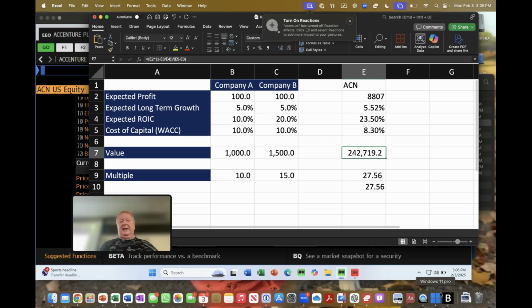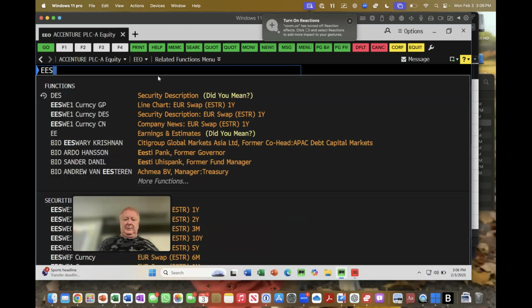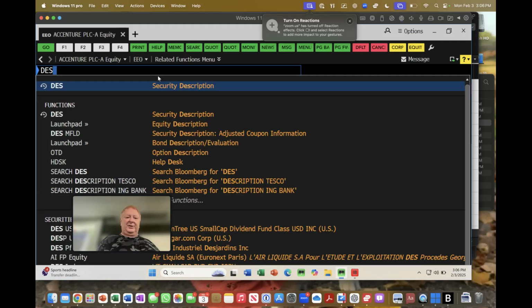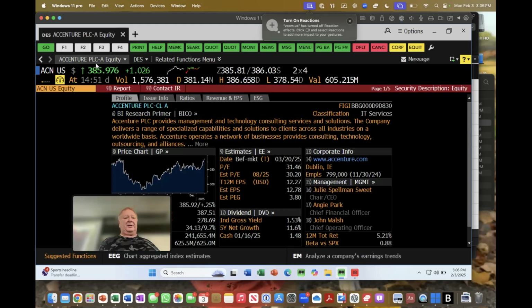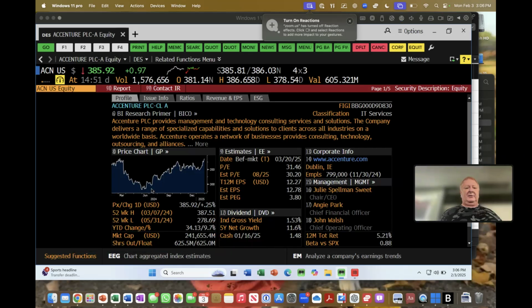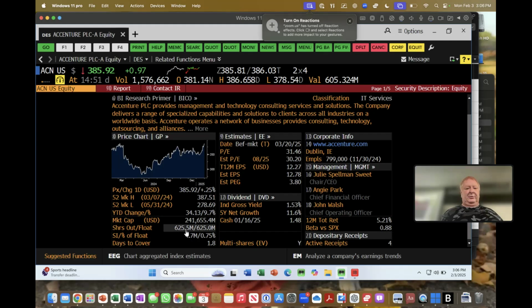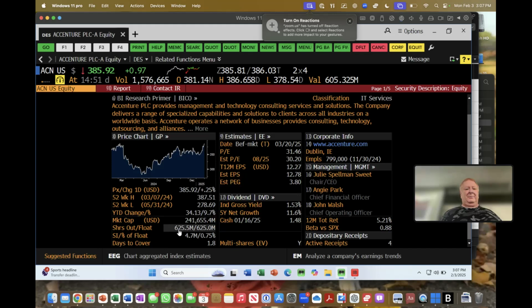If I go to Accenture today, DES, share price times shares outstanding, 625.5 million, gives them a market cap equity value of 241.7.